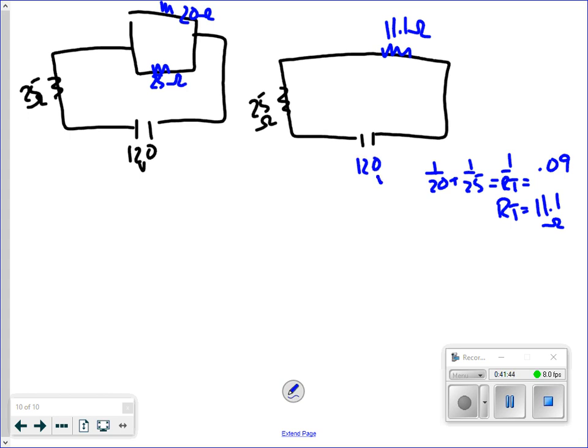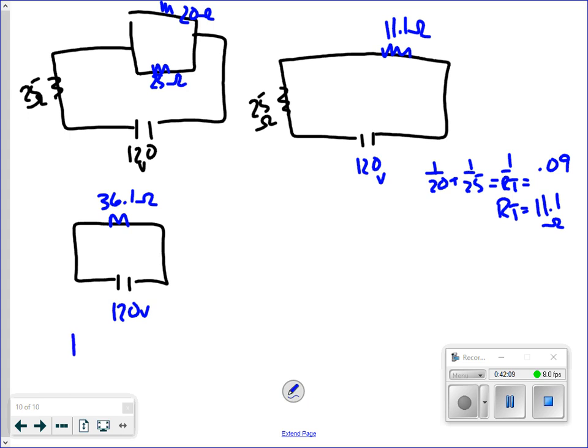All right, my final step is to take these two series and put them together. All right, so let's do that quickly. 25 plus 11.1 is 36.1 ohms, and this is a 120 volt source. Okay, so now we're going to start working backwards.